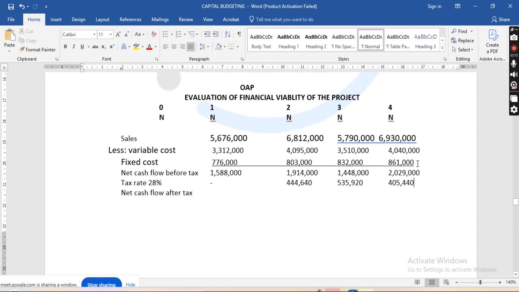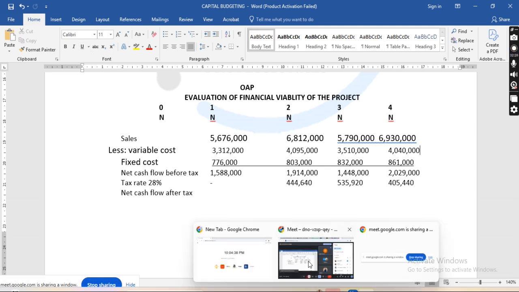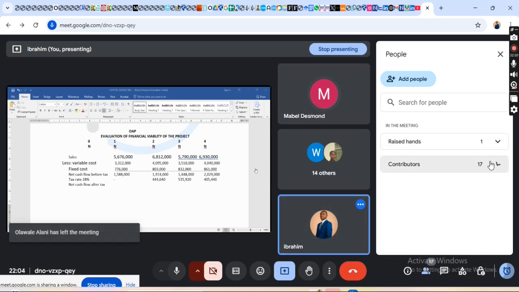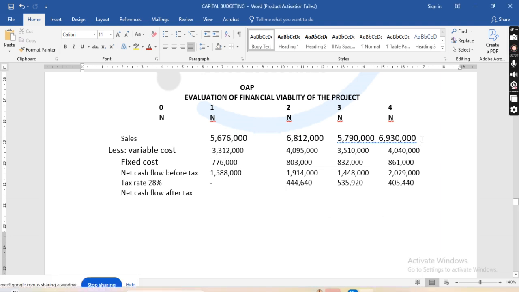So another thing is the sales proceed. We did not add the sales proceed, but they say they sold an asset, they disposed an asset. We didn't add it now, right? At the end of the year, they say they disposed an asset. Is that not so? Yes, class. We didn't actually add the disposal before we do the tax. Of course, when you dispose an asset, you will pay tax.